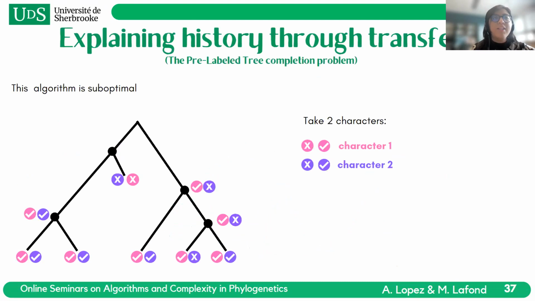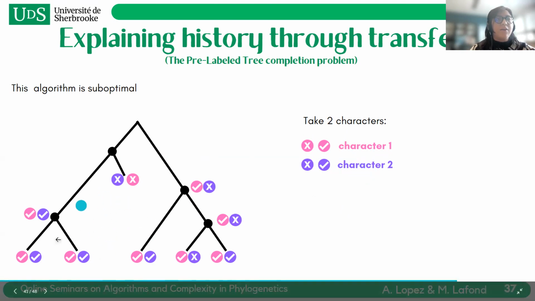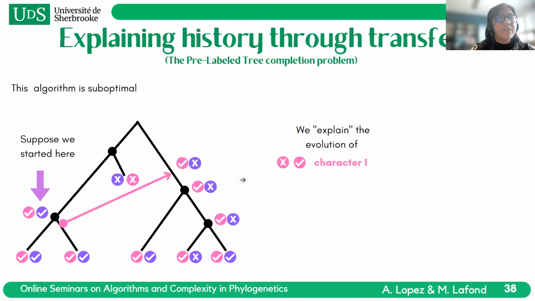Notice that the algorithm that I explained at a high level is somehow suboptimal, and I will show you why using 2 characters. Suppose that we have a pink character and a purple character, and we have our tree with the pre-labeling that I explained before. Suppose we start in here, taking this first appearance node to explain the evolution of the pink character.